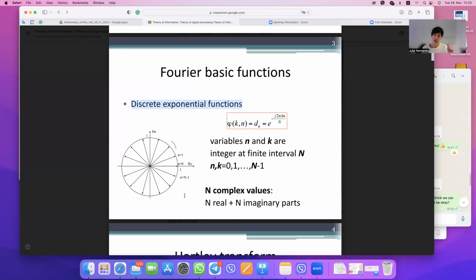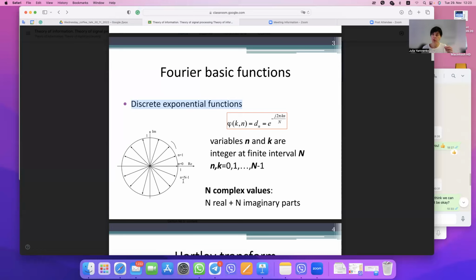In geometrical representation, this basic function could be represented by the different positions of a vector, like here, and the total number of different positions of this vector is capital N. So how many discrete values do we have in the original function?